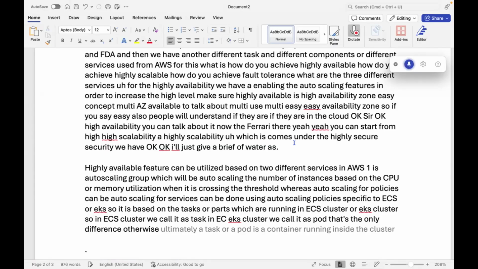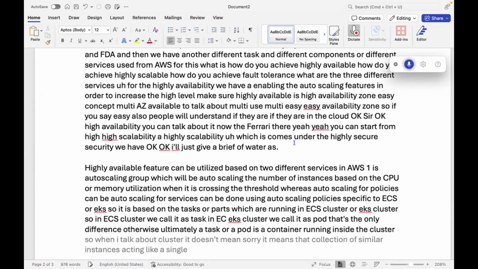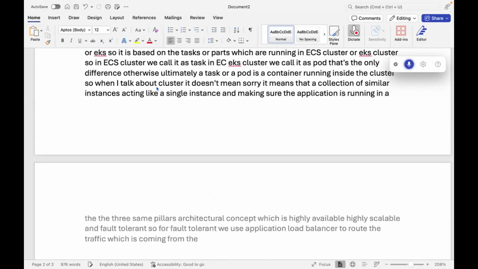Ultimately, a task or a pod is a container running inside the cluster. When I talk about a cluster, it means a collection of similar instances acting like a single instance and making sure the application is running in the three same pillars of architectural concept: highly available, highly scalable, and fault tolerant. For fault tolerance, we use an application load balancer to route the traffic coming from the customer.